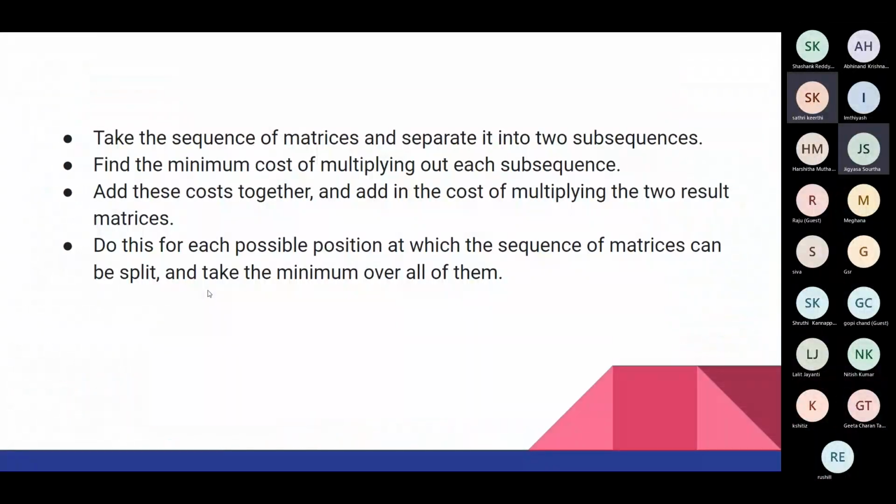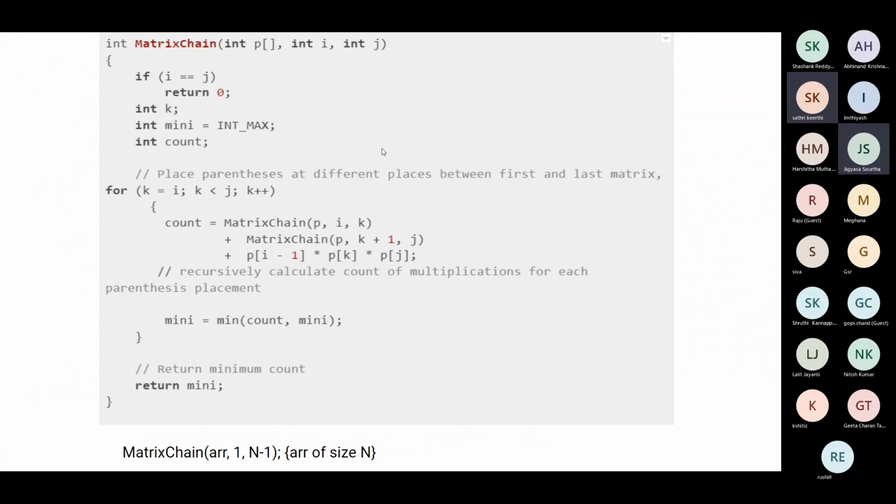Yeah, so this is the code for the recursion, for the naive approach. Here, the matrix chain i, j will return the minimum cost for multiplying the matrices from Ai to Aj. P will be the array which stores the dimensions of the matrices.